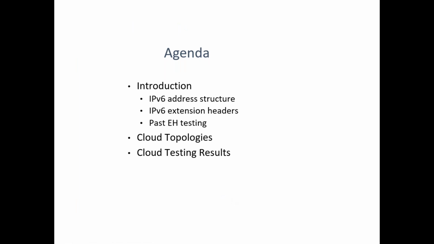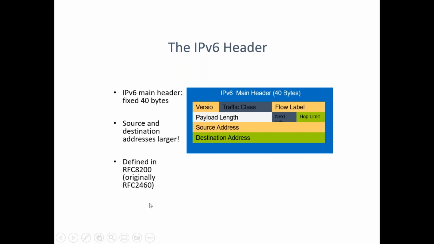So what we're going to talk about is the level set first on what the address structure is for IPv6, just briefly, where extension headers fit in, kind of what we have done in terms of past extension header testing, and then we'll go on to the cloud topologies and the results.